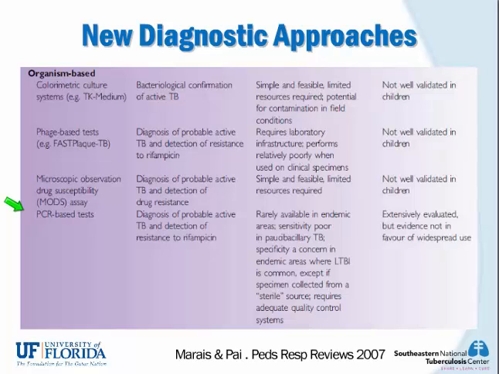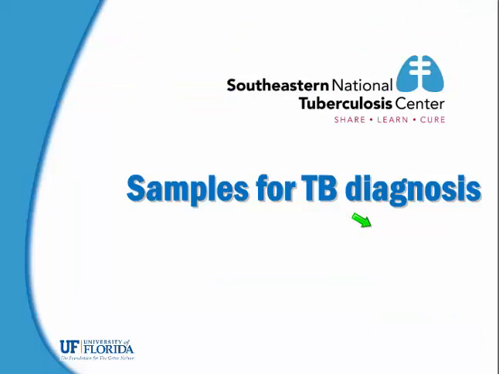They are rarely available in endemic areas, and their sensitivities are poor because of the paucibacillary nature of TB in children. However, they can give a better outcome if they are used in non-pulmonary samples, for example, like CSF. Though they have been extensively evaluated, there is no evidence to favor the widespread use of PCR to diagnose TB.